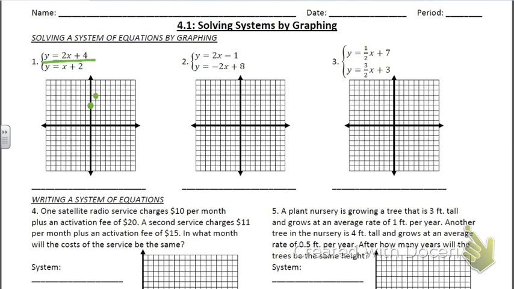And I like you to do 3. So what's the opposite of up 2, right 1? Down 2, left 1. Good. And then draw a line as straight as you can. Oop. Here, let me try this.